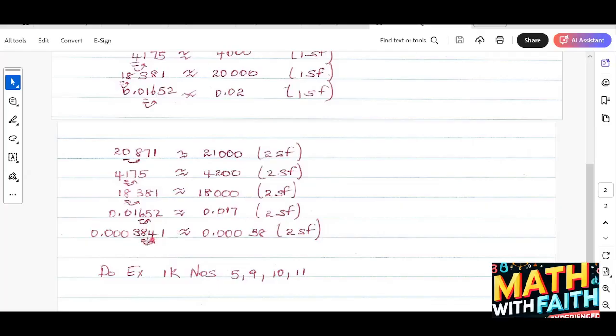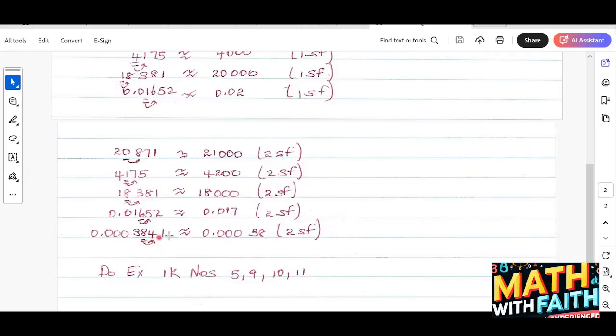If we look at the number after the second significant figure, it is less than 5. So therefore, the 8 would remain the same. So the answer is approximately 0.000. Remember, we're keeping those 3 and we're keeping the 8 as is. And that is the answer to 2 significant figures.